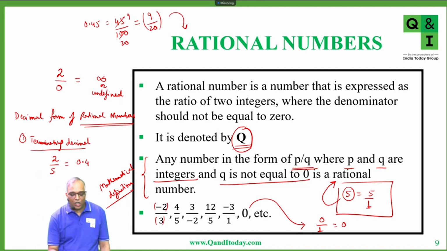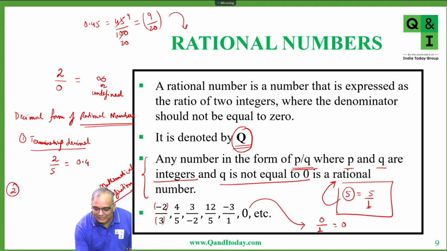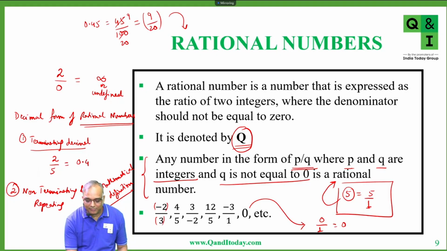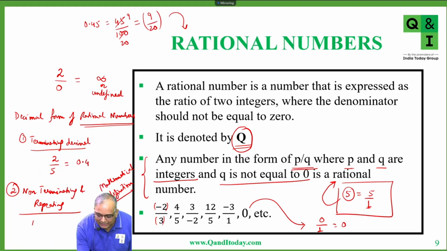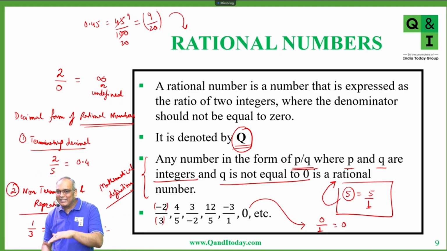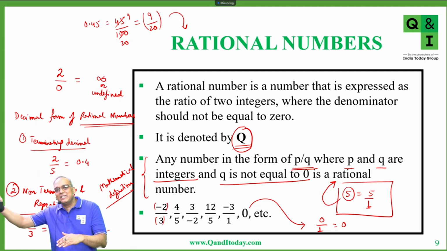Okay. Now, the other decimal representation is non-terminating and repeating. So non-terminating means it will not terminate, but the decimal will keep on repeating. For example, if I write 1 upon 3, 1 upon 3 is 0.3333 and so on, right? So it is not terminating, but it is repeating.